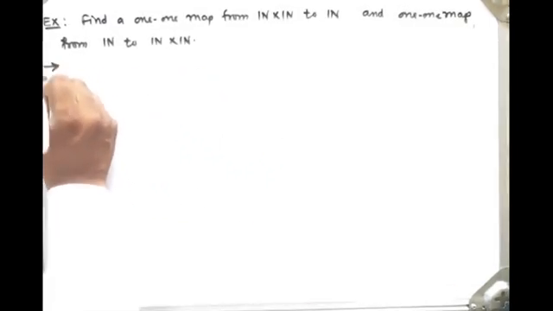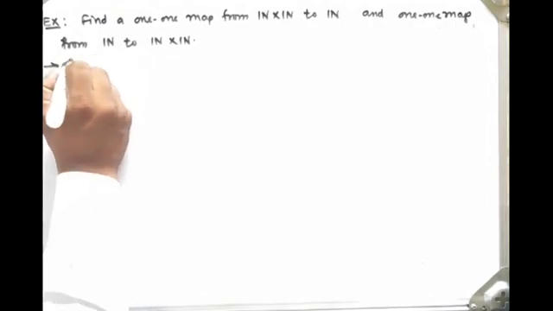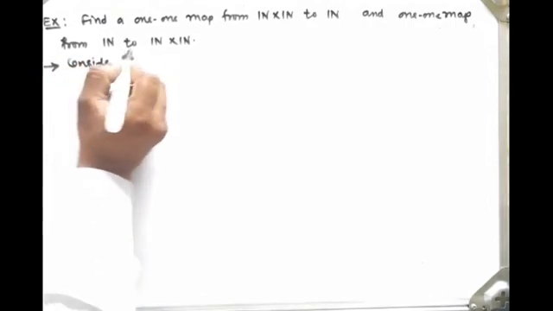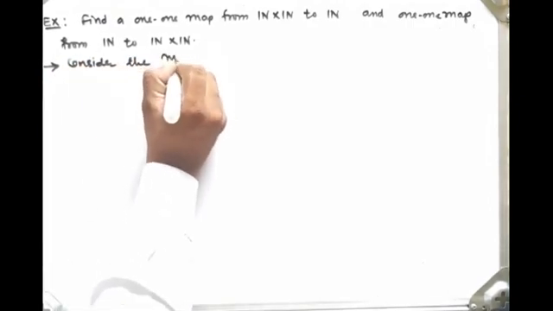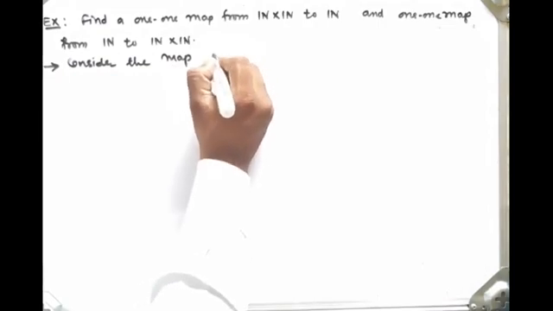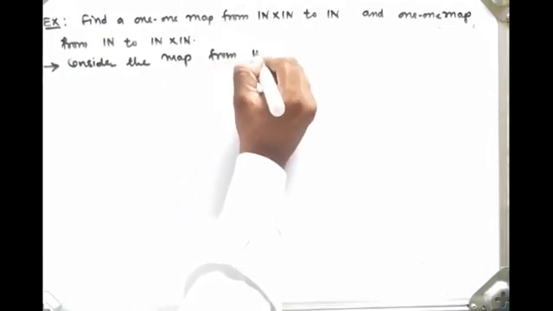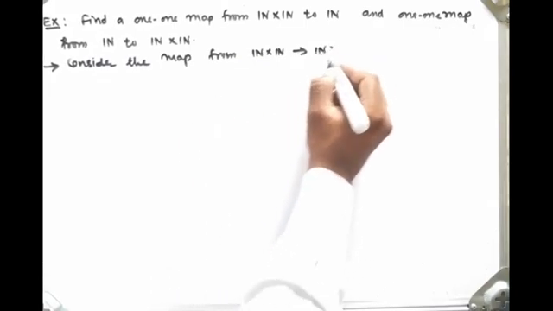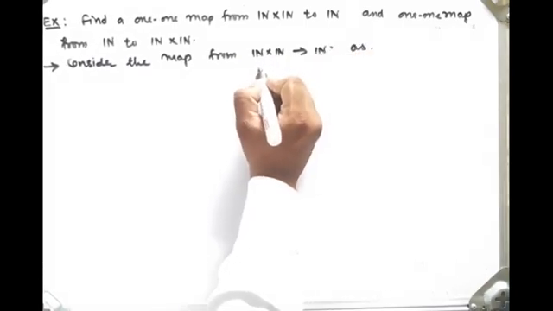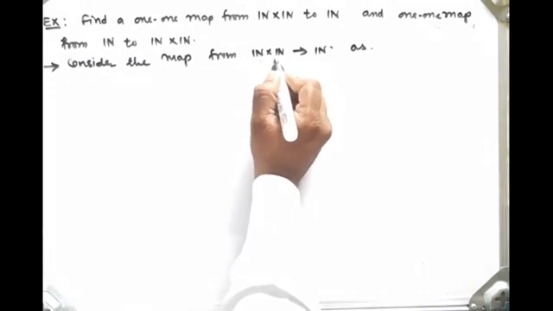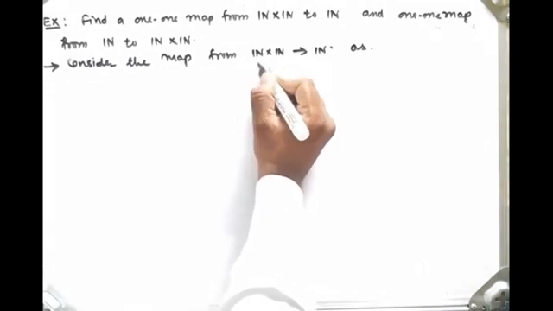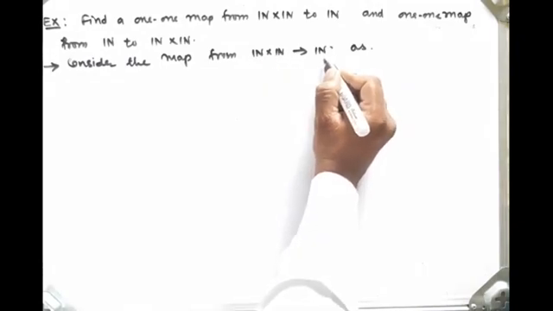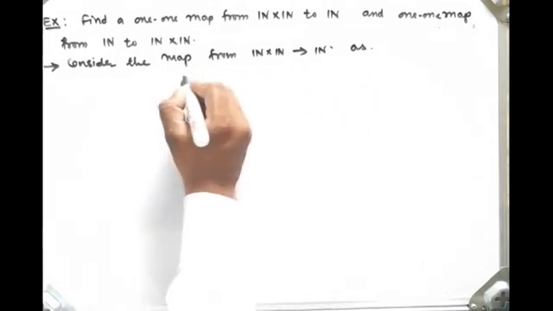So let's define, consider the map which is one-one from N cross N to natural numbers. Here N cross N means our domain is ordered pairs and the codomain is natural numbers, so we have to define the function f.